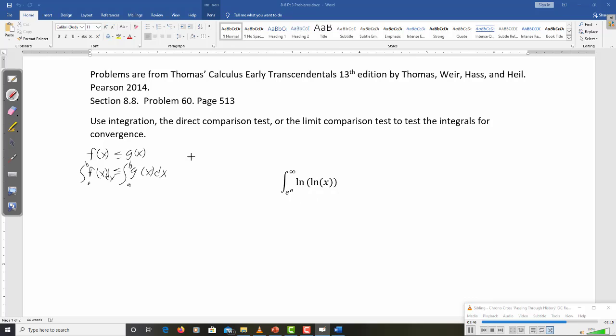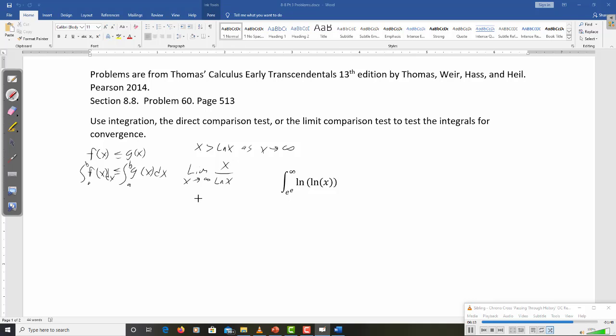First off, here's a very important comparison you'll use a lot. x is greater than ln of x as x goes to infinity. It's very simple to show this. Just do, say, a quick limit. Limit as x goes to infinity of x over ln of x.